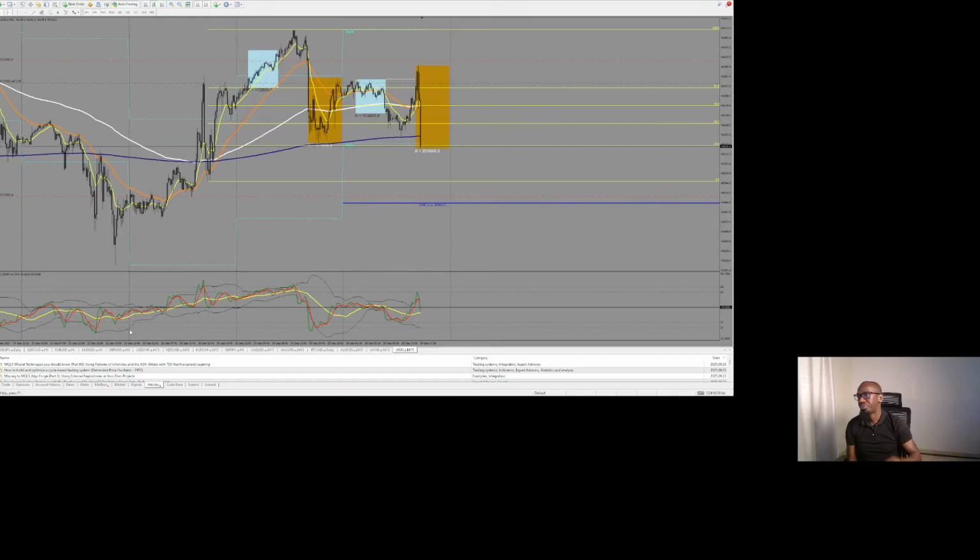Let's see what price will do at this point. Right, we again switch to the 1 minute time frame.